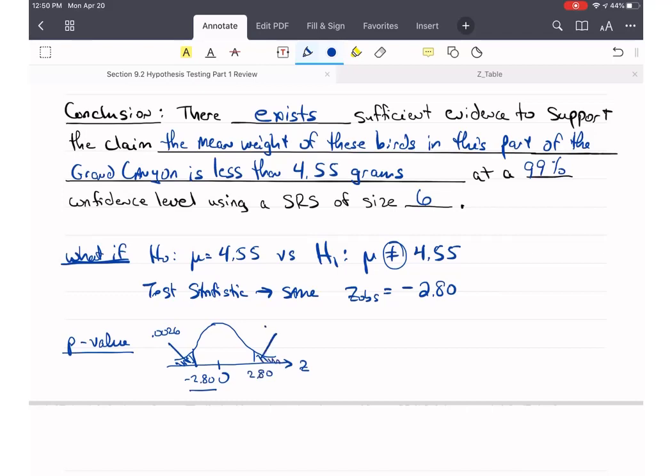So we're just going to have the same area. So we want to add these two together, so the p-value equals 2 times 0.0026 equals 0.0052.